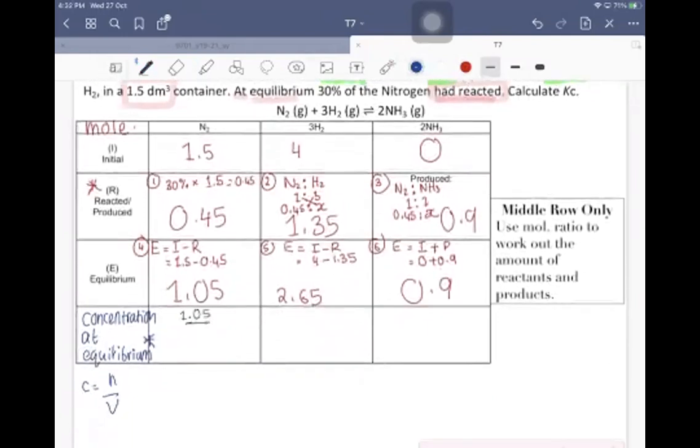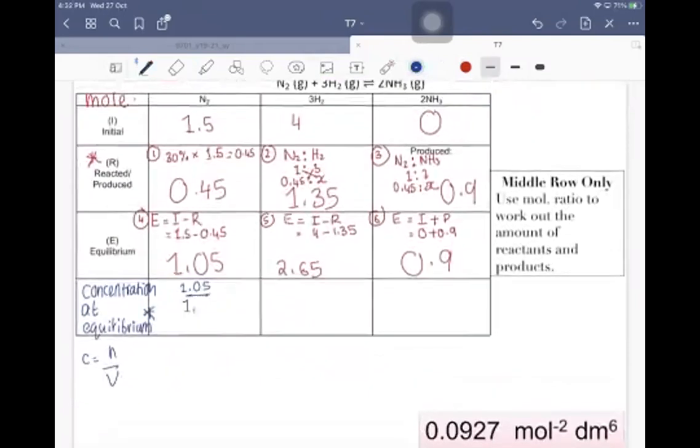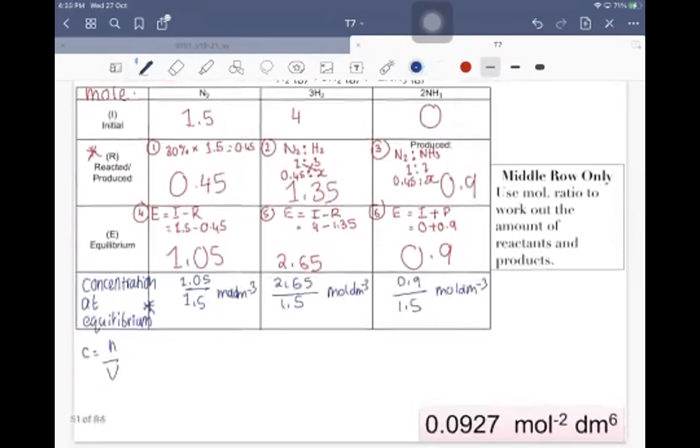So 1.05 over 1.5, 2.65 over 1.5 dm cube, and 0.9 over 1.5 should give you mole per dm cube. Okay, so mole per dm cube, just to get yourself into the habit of writing the units so that you know, oh, it's the moles divided by the volume and it's not some nonsense number.